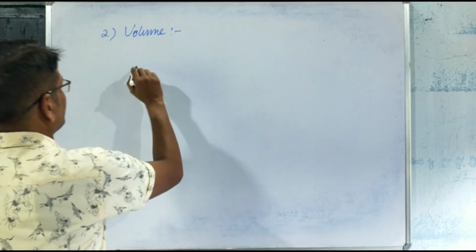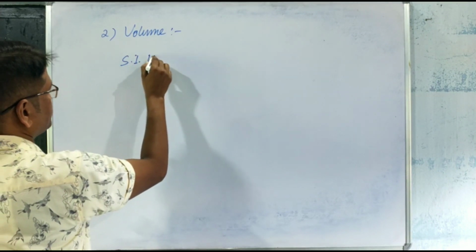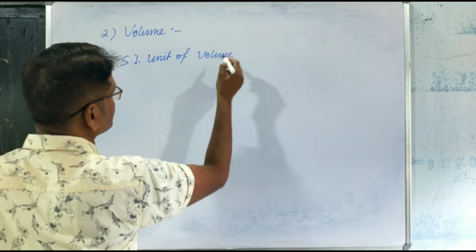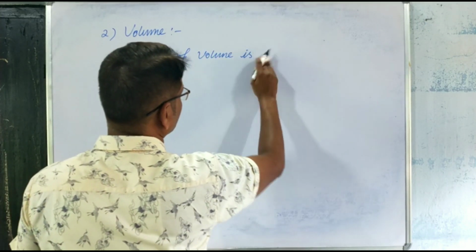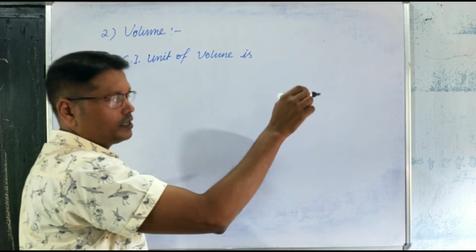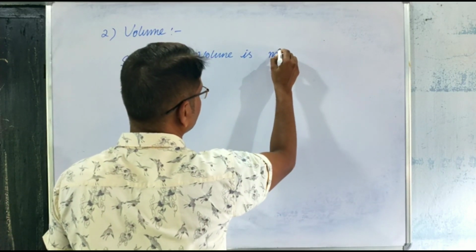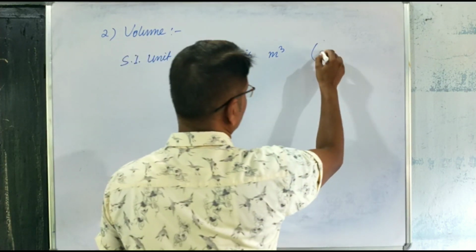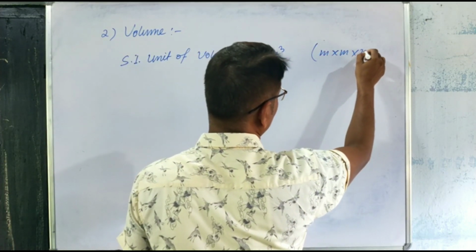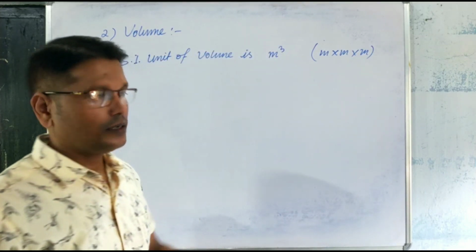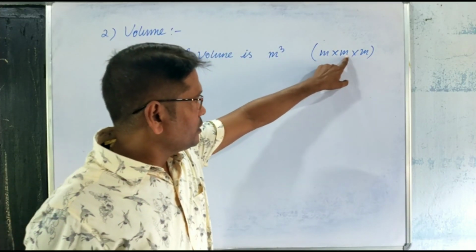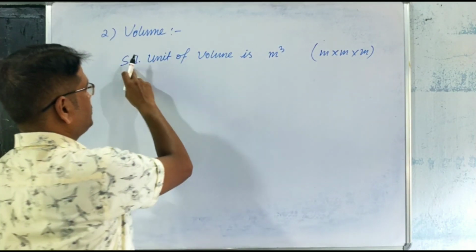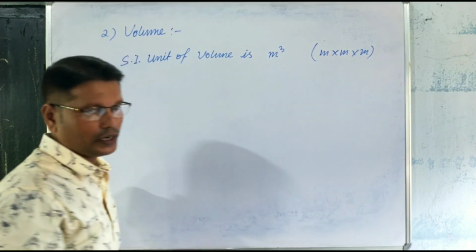So the SI unit of volume is meter into meter into meter. That means meter cube. It is meter into meter into meter. So here length into breadth into height. And that is why we can write the SI unit of volume is meter cube.